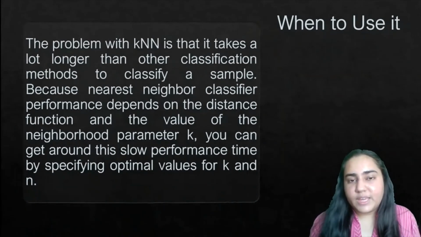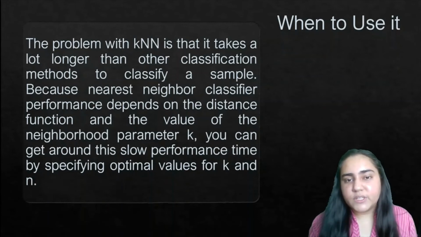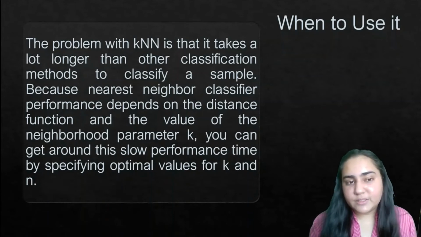The problem with kNN is that it takes a lot longer than other classification methods to classify a sample. Because nearest neighbor classifier performance depends on the distance function and the value of the neighborhood parameter k, you can get around this slow performance by specifying optimal values for k and n.